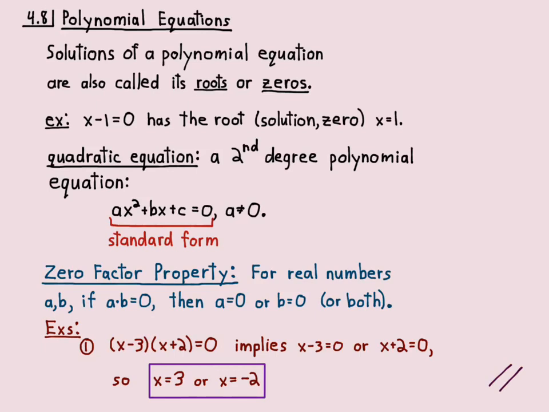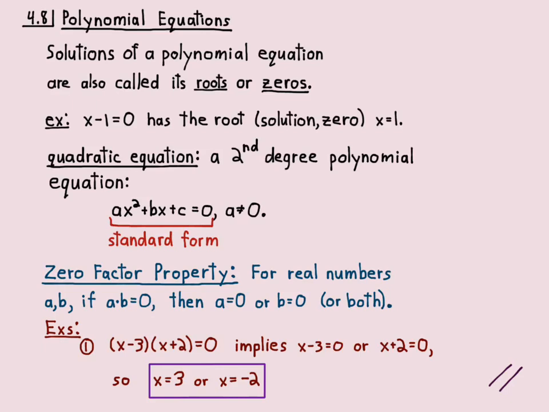Now, on the computer, you either write in x equals 3 in one space and then x equals negative 2 in the other space, or sometimes they'll write the x equals for you, so you have to be careful and look at what's there. If it says x equals blank, then you would put 3 in the blank, and then it'll say x equals blank, and you'll put negative 2 in the other one.